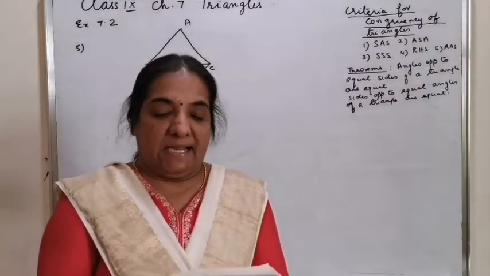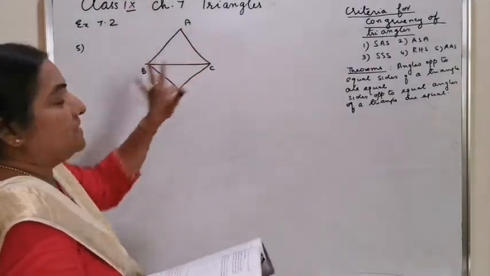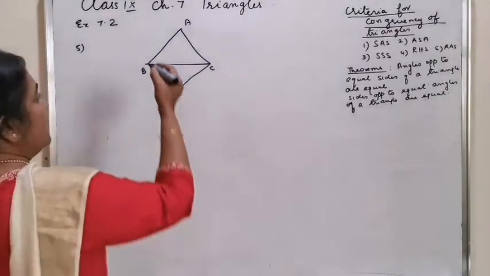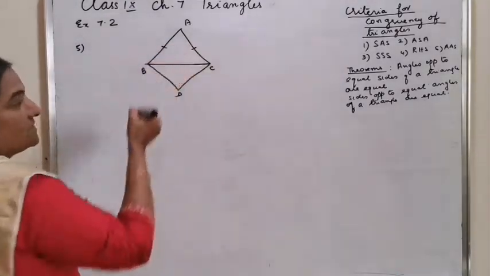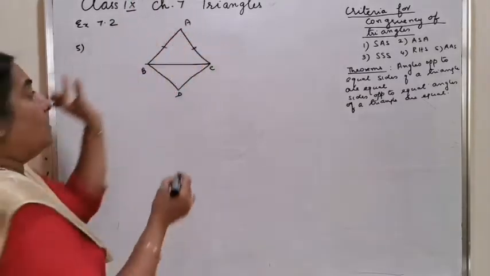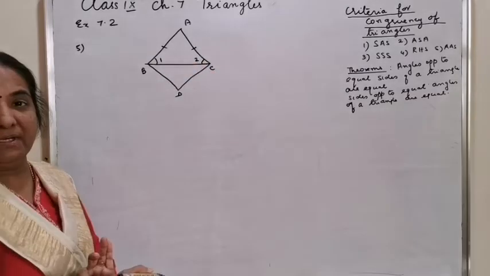Show that angle ABD is equal to angle ACD. It's a very simple proof. Triangle ABC is isosceles. That means AB and AC are equal. Automatically angle 1 and angle 2 are equal.